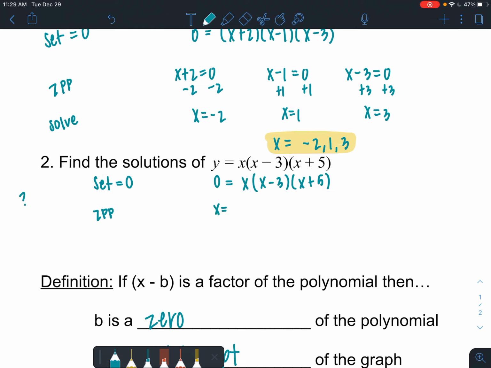And so x is equal to 0, x minus 3 is equal to 0, and x plus 5 is equal to 0. Then we solve. So for this solution, we'll add 3 to both sides, get x equals 3. This next one we'll subtract 5 from both sides and get x equals negative 5. So our solutions are x equals 0, 3, and negative 5.